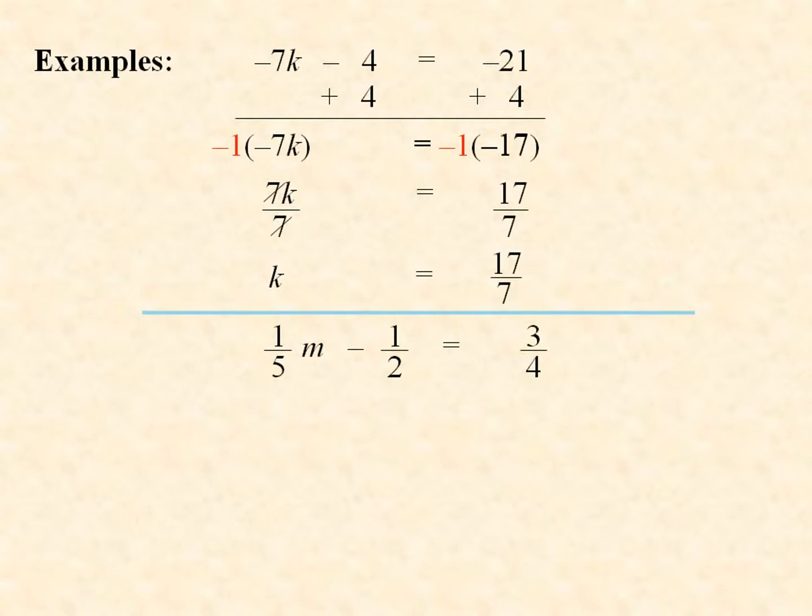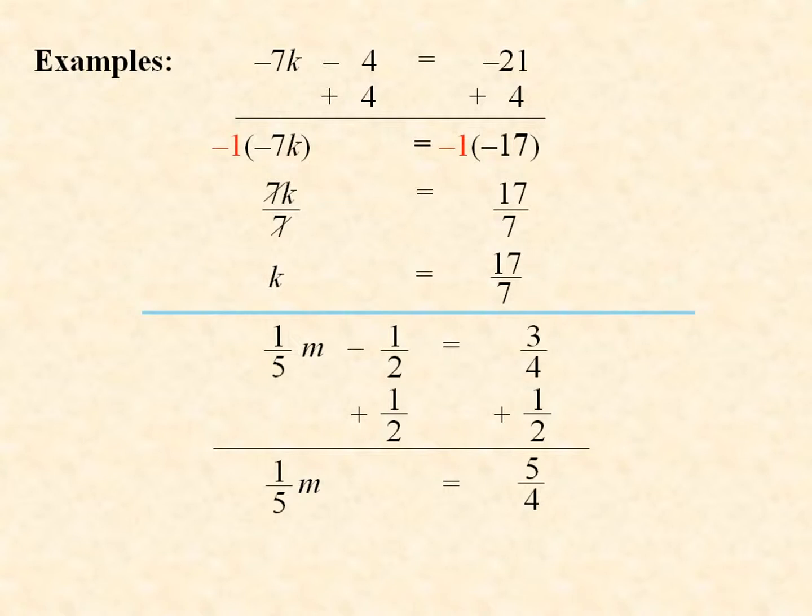Another example. 1/5 m minus 1/2 equals 3/4. We will undo the addition of negative 1/2 by adding positive 1/2. And that leaves us with 1/5 m equals 5/4.